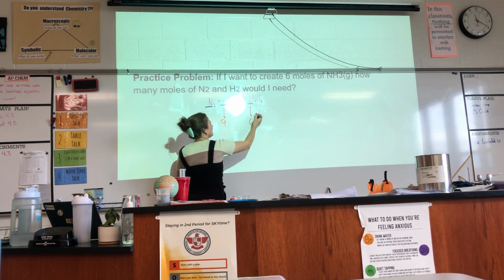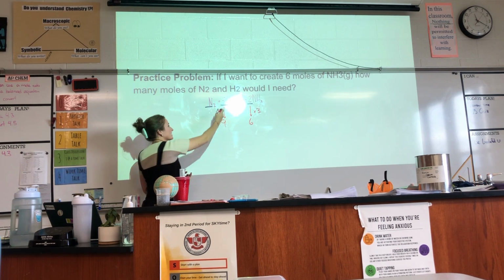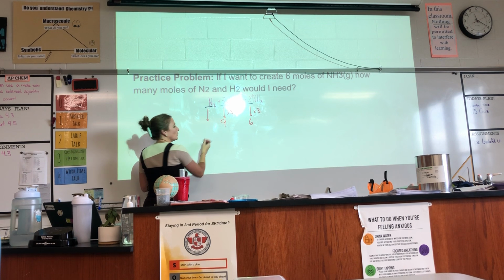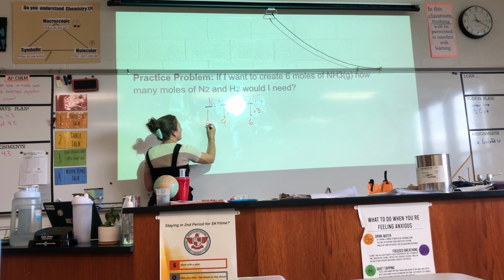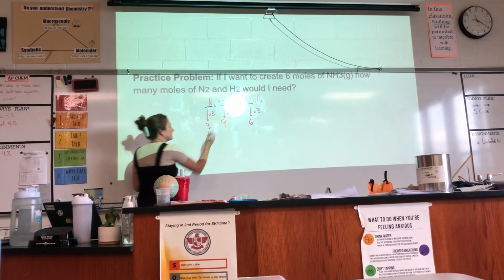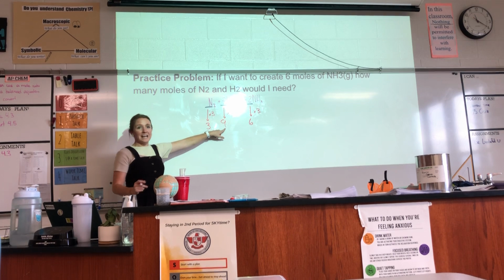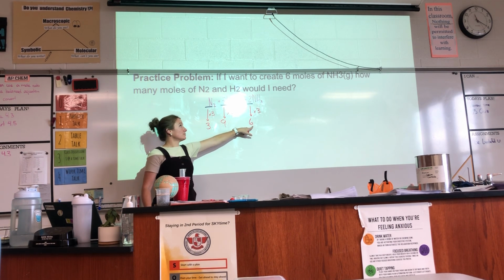Because to go from here to here, it changed by 3. To go here to here, it must also, like in math, what you do to one side of the equation, you have to do to the other. So I would need 3 moles of nitrogen and 9 moles of hydrogen in order to make 6 moles of NH3.